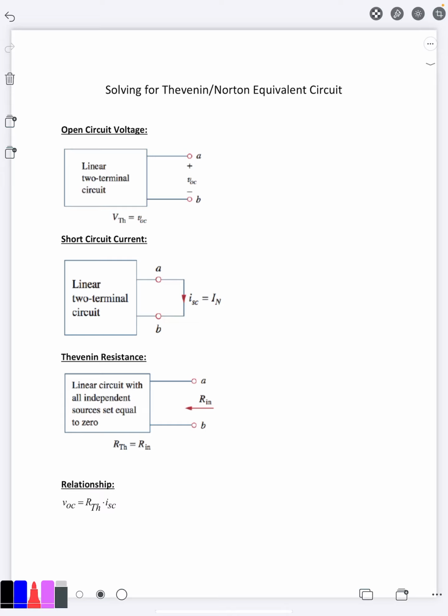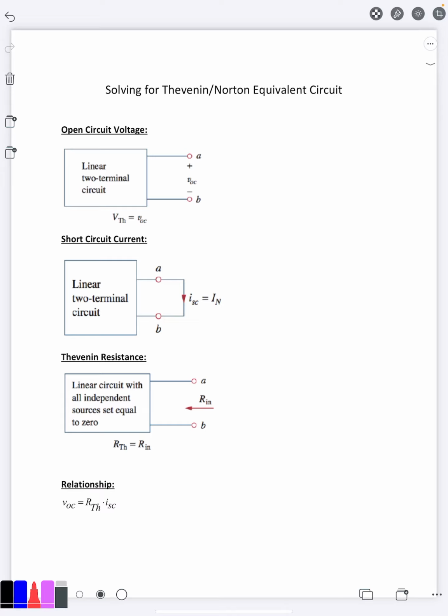On the other hand, if you take your two terminals A and B and actually short between them, directly connecting them, and you measure the current going through that part, maybe via mesh current or something like that, then you're going to get the ISC, the short circuit current, and it turns out that is exactly the same as the Norton current mentioned in Norton's theorem.